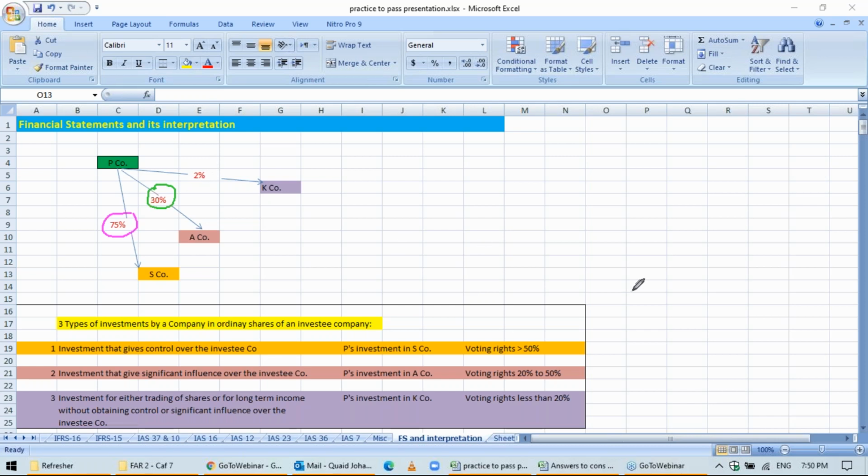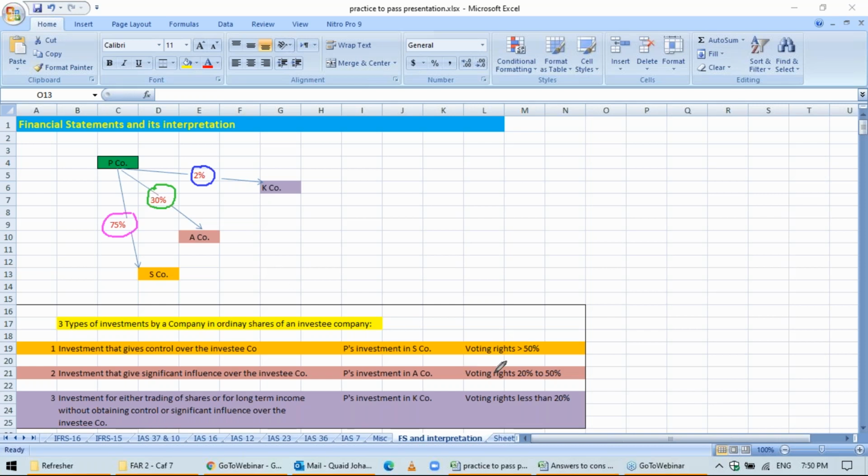And in the case of 2% holding, in K company, P company will not be able to appoint any directors. It's a very little holding. So this will be accounted for in accordance with IFRS 9, if you remember. Financial asset at fair value through profit or loss, or financial asset at fair value through OCI, if they make an irrevocable election.